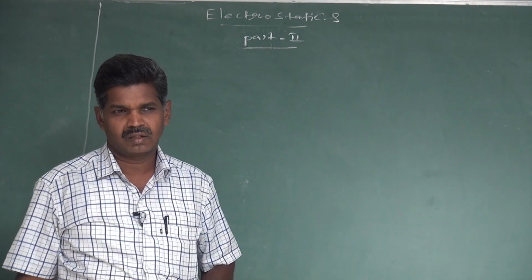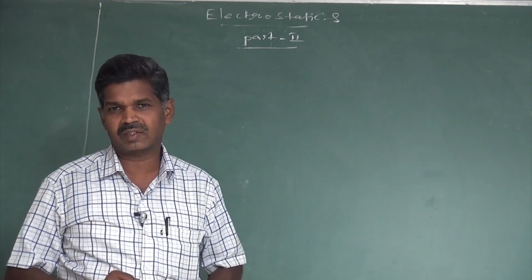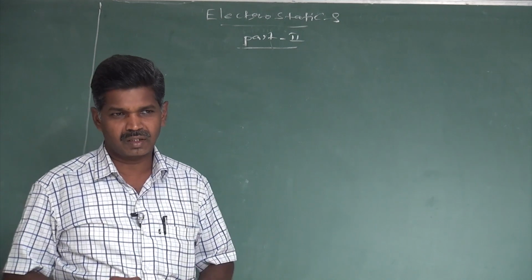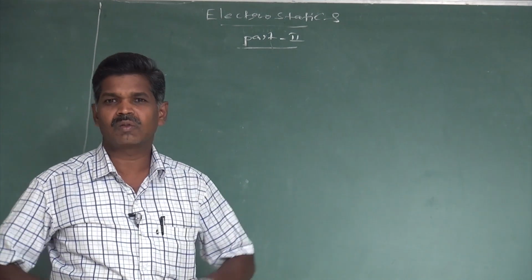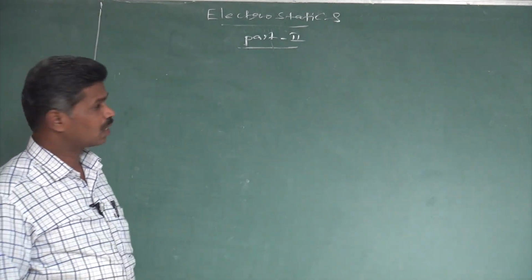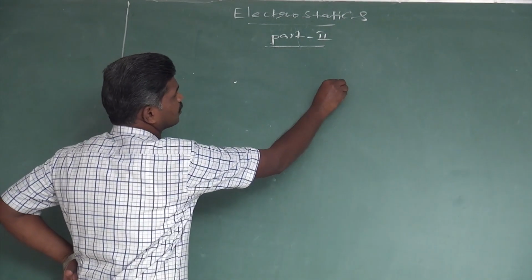After that, how the charges interact, and due to the interaction we have some forces, is given by Coulomb's inverse square law. We know that Coulomb's inverse square law can be expressed based on two point charges.